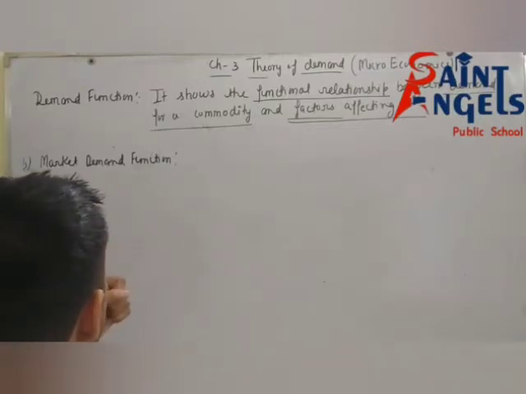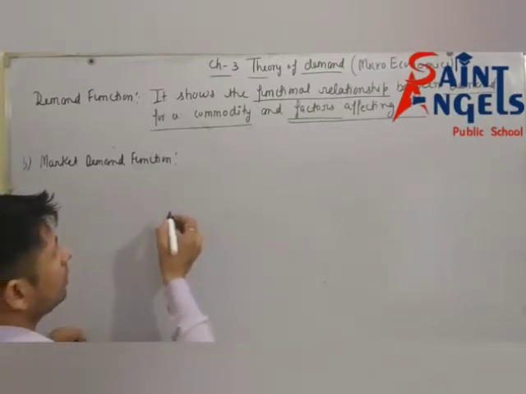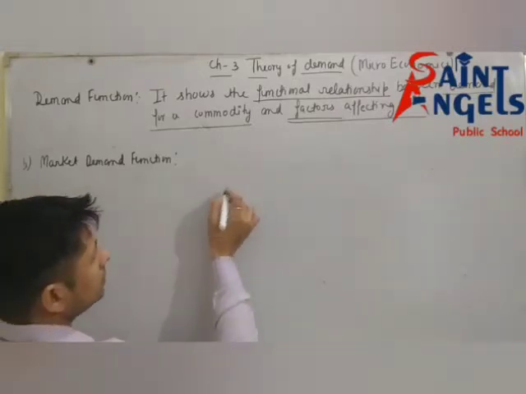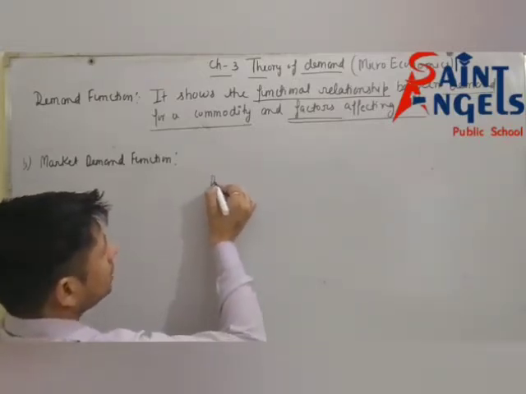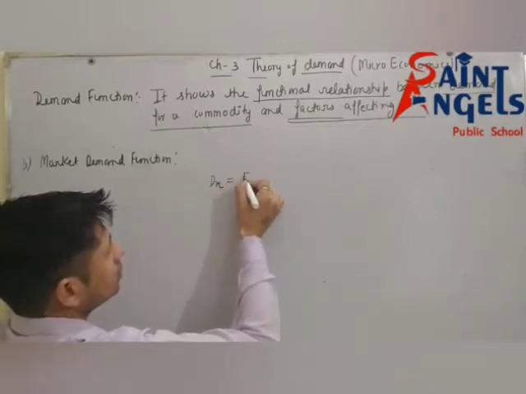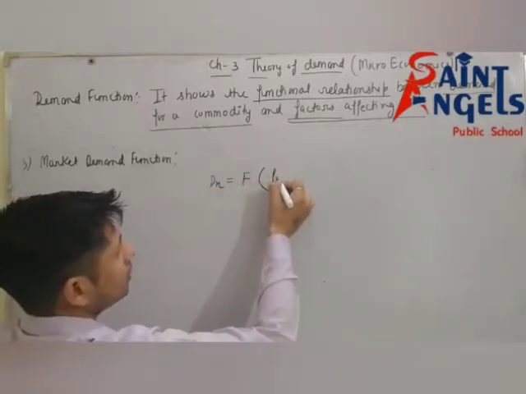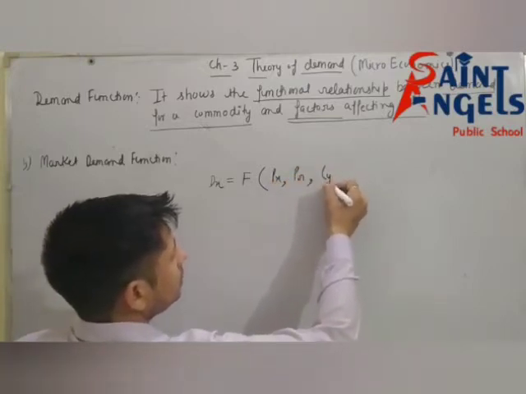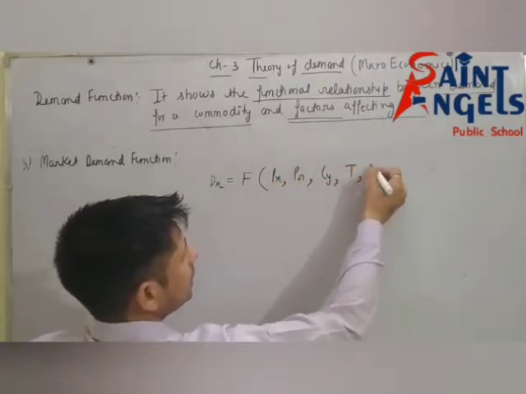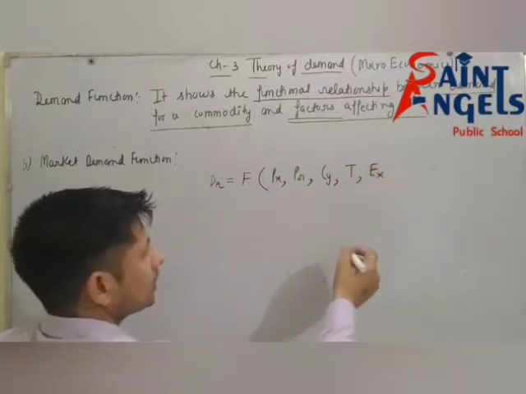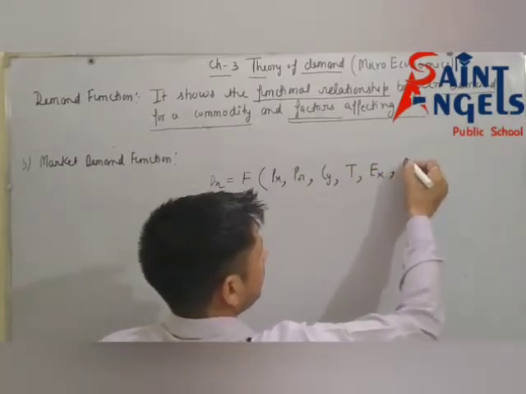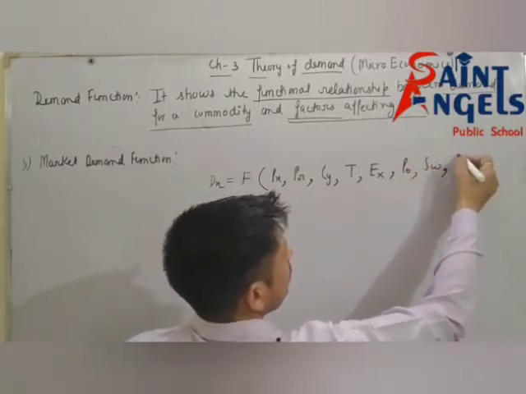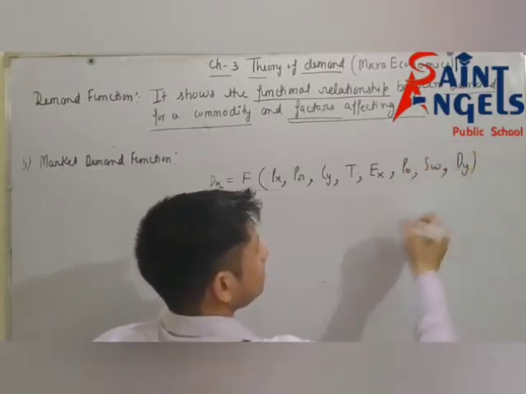Symbolically we can express market demand function in this form. Dx is equal to f of Px, Pr, Cy, T, Ex, Po, Sw, Dy.